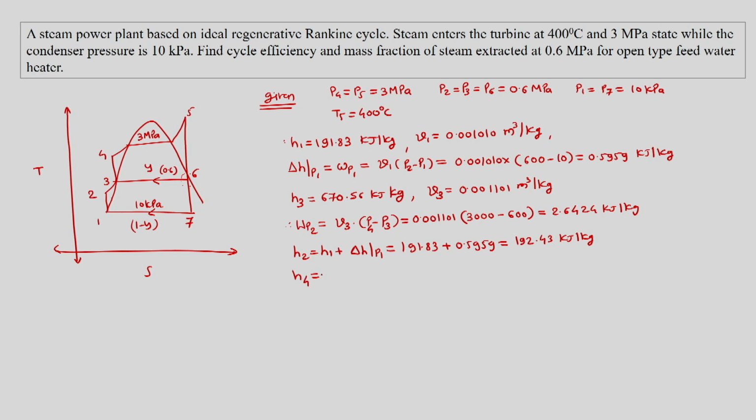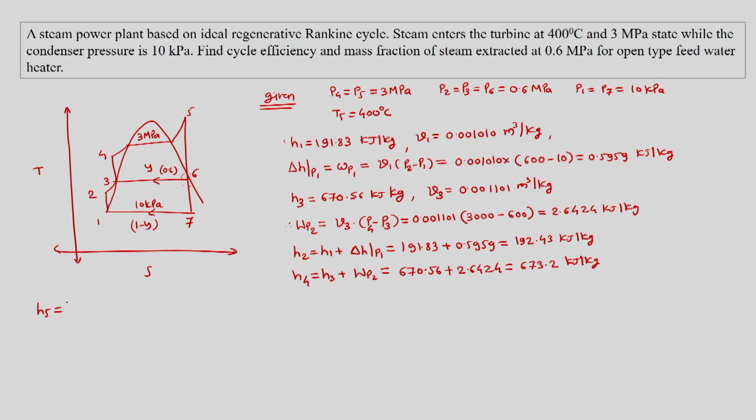So, H4 is equal to H3 plus WP2, and this is basically 670.56 plus 2.6424, and then this gives us H4 as 673.2 kilojoule per kg.